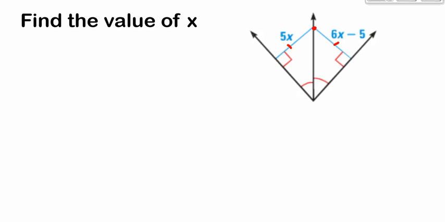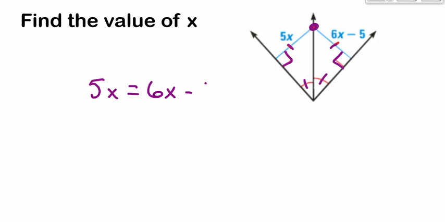All right, finding the value of x, kind of a similar situation, except now we're talking about side lengths. I'm seeing that these two angles are congruent, these two sides are congruent, and these are 90-degree angles. So that means this is on the perpendicular bisector, so the lengths of those segments have to be congruent.